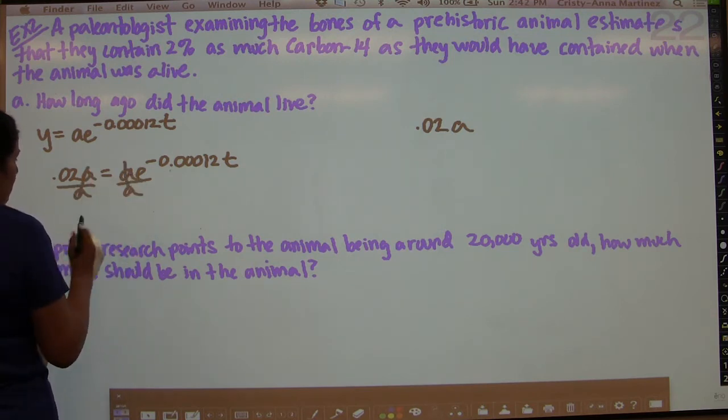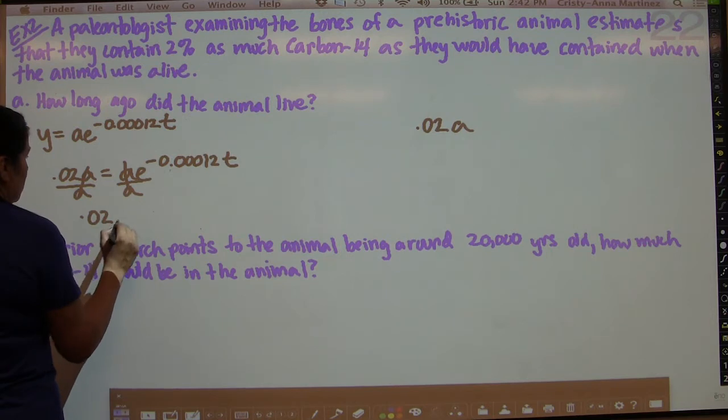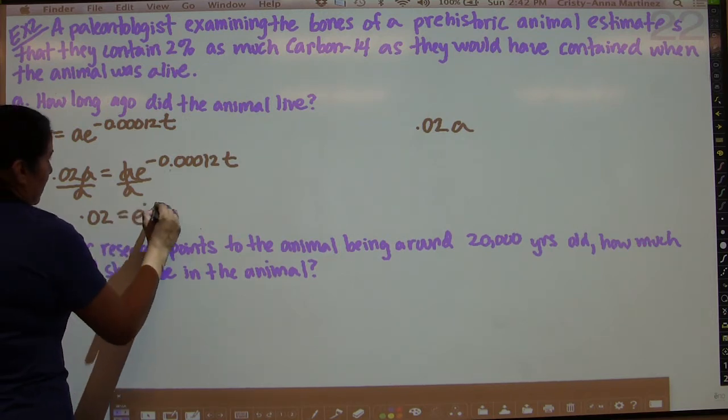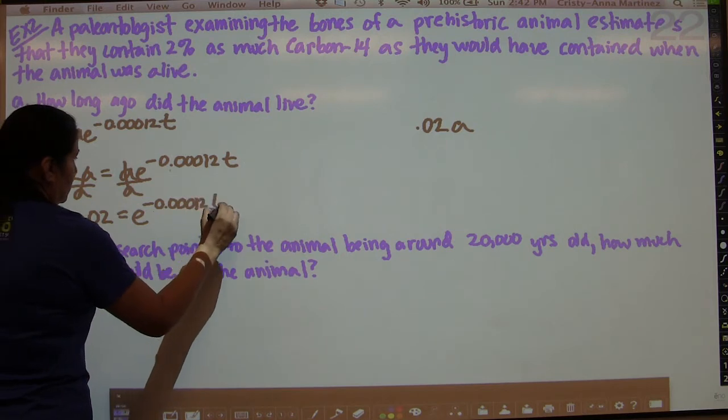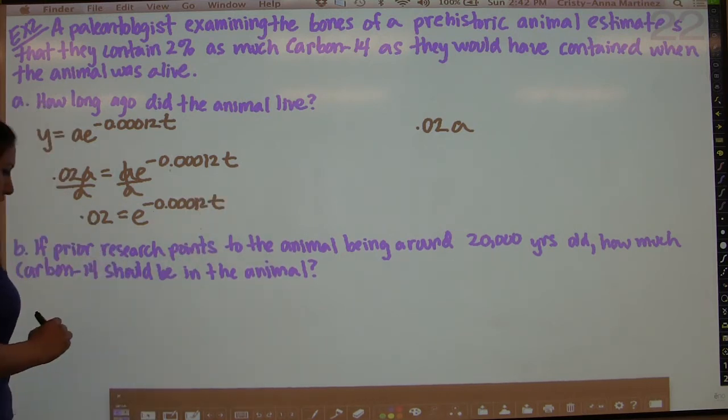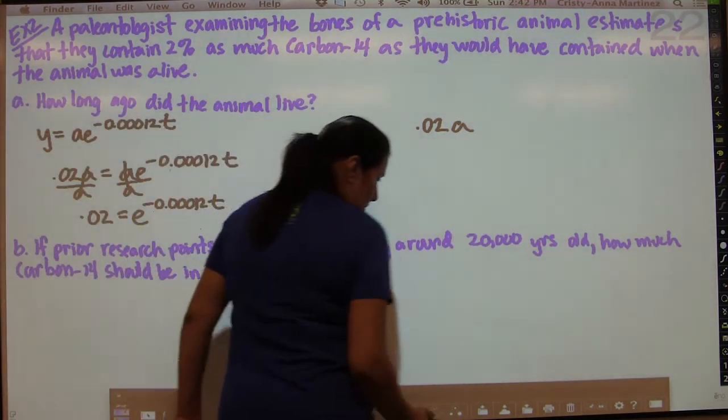They cancel on both sides, so we get 0.02 equals e to the negative 0.00012t. Then we want to take the log of both sides.